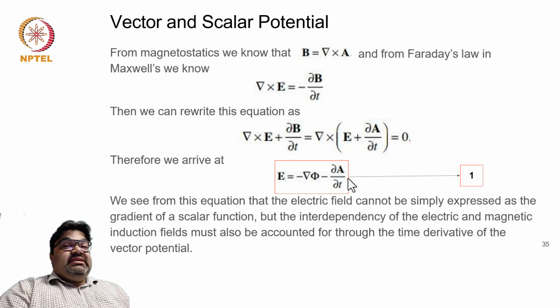Relationship between a vector and a scalar potential. You know that the vector potential is defined as A, where del cross A, curl of A, gives you the magnetic field.